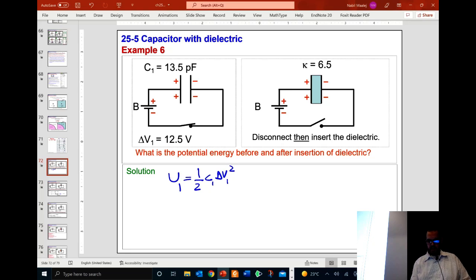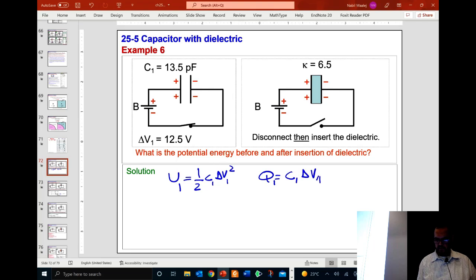Okay, then we disconnect the battery. So when we disconnect the battery, the voltage does not remain constant. How about the charge? The charge remains constant, because we are not connecting. So let's see Q1 here. The charge that is on capacitor C1 is just equal to C1 delta V1.